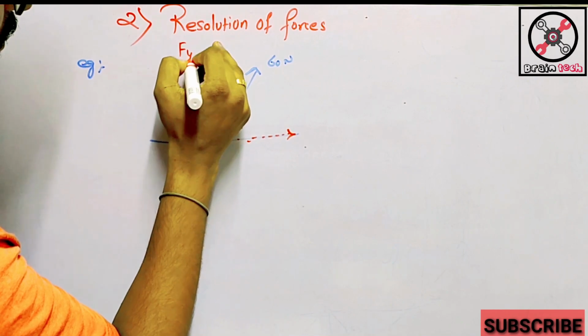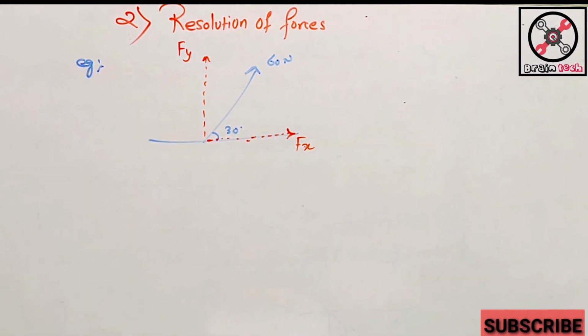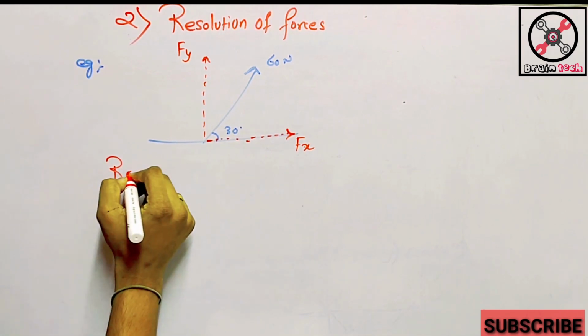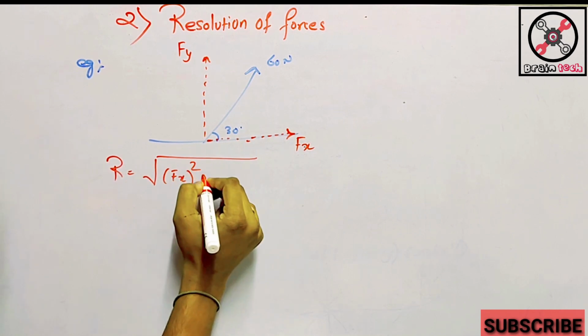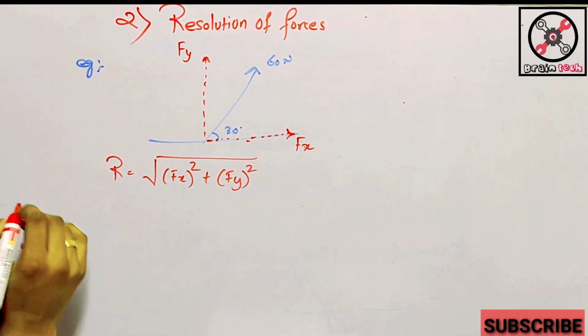So this is F_y, that is the vertical component. This is known as horizontal component, that is F_x. Now what does that mean? The two components added together to find the resultant force. It means resultant is equal to root of F_x the whole square plus F_y the whole square.